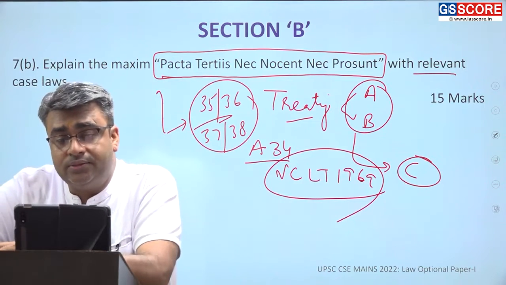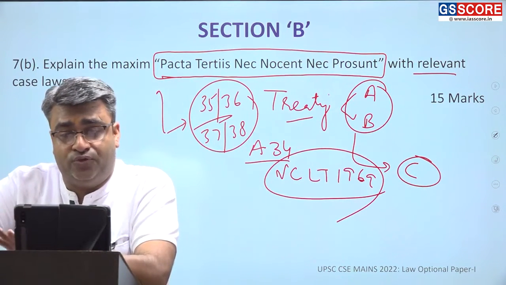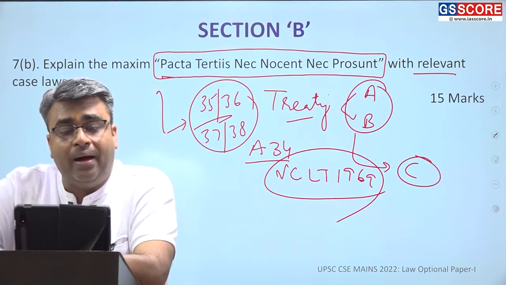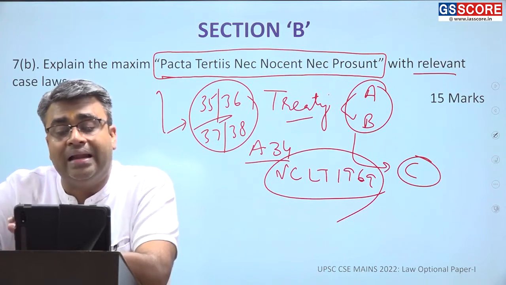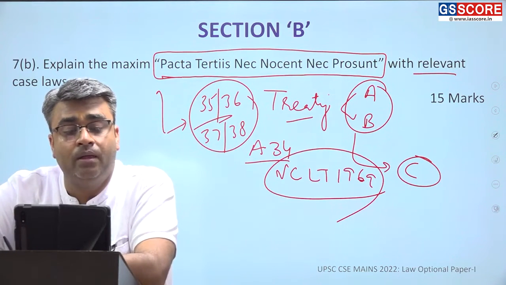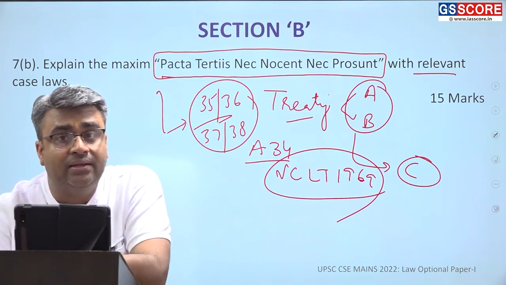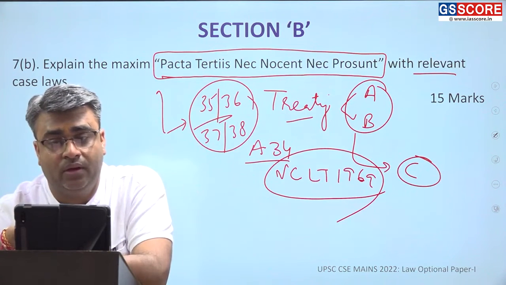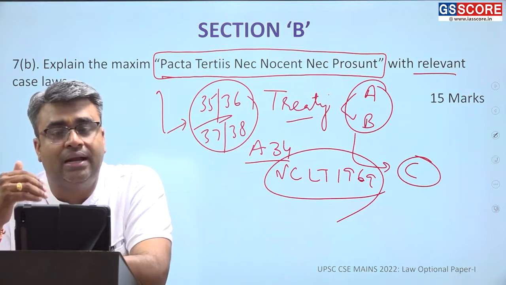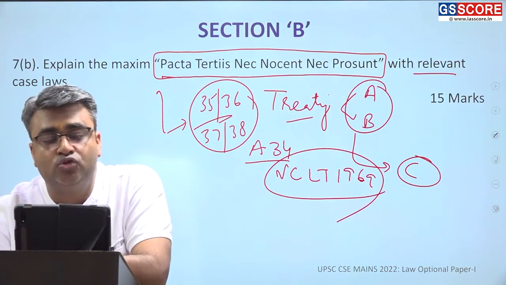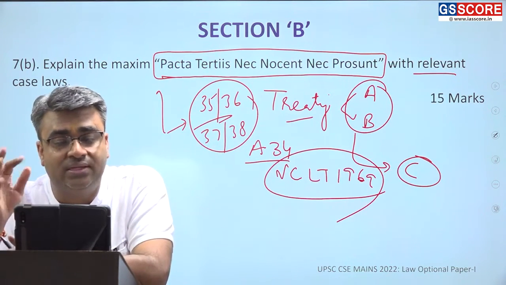Article 36 says, if the parties to the treaty enter into some arrangement with a third party or some other states, and they also give their consent. So in such a case, this maxim also provides that this other country, the third party, will also become bound by this treaty.